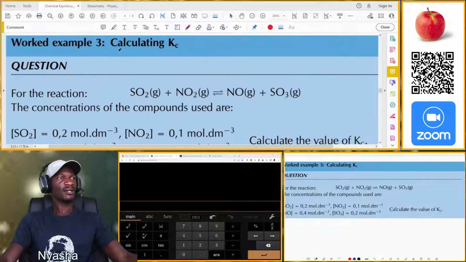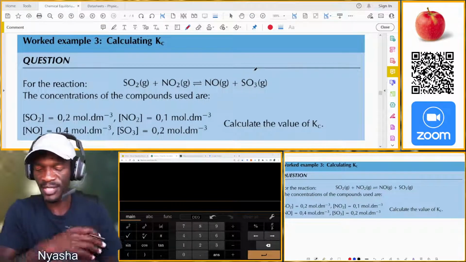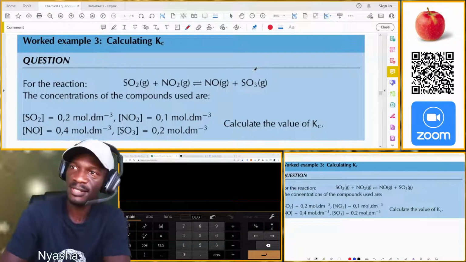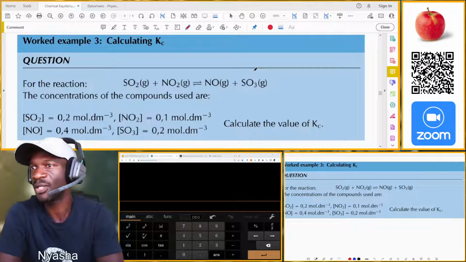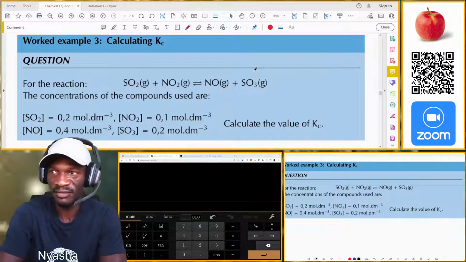In the next question, all we want is to calculate Kc. It reads: for the reaction SO2 gas plus NO2 gas is equal to NO gas plus SO3 gas, the concentrations of the compounds used are given.